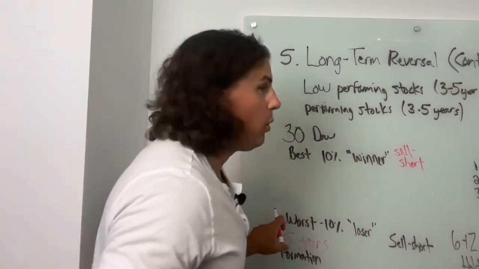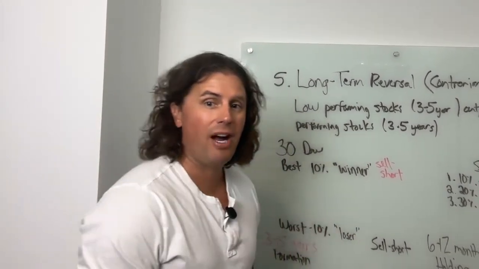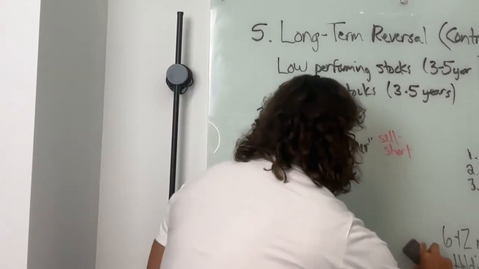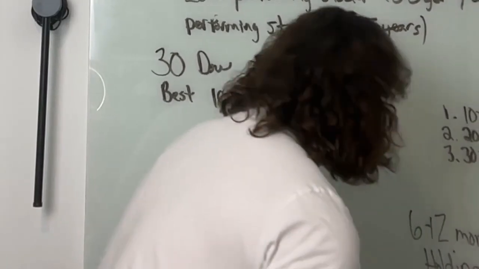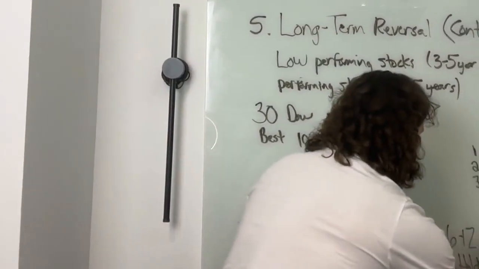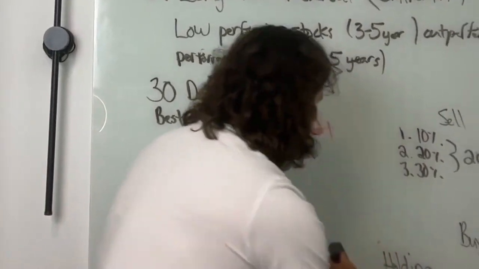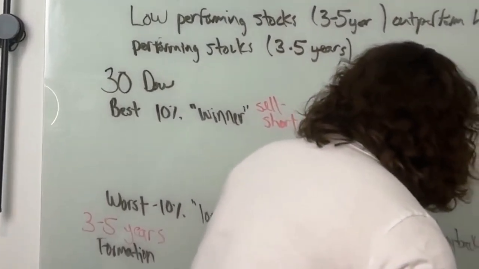Then the worst performing stocks, the ones who have been beaten down for the last 3 to 5 years, these are the stocks that we want to buy. We want to go long those. And once again, our holding period is extended because now we're thinking long-term reversal. This becomes 3 to 5 years.